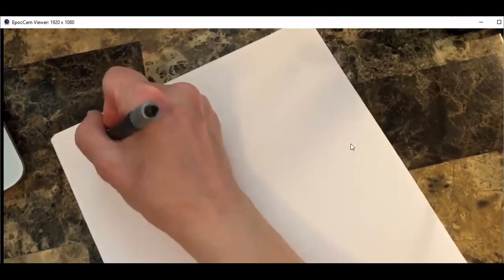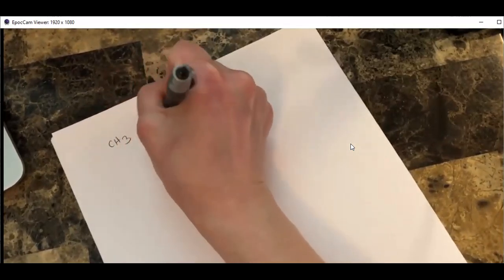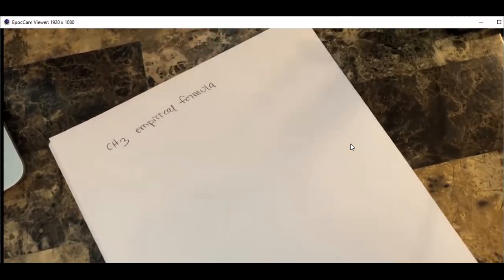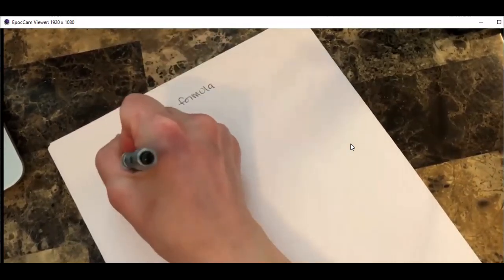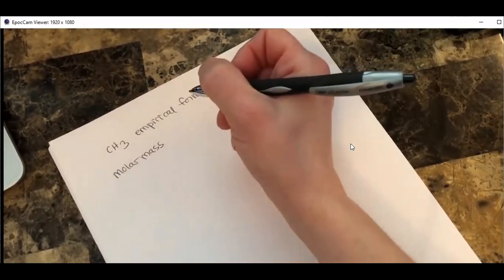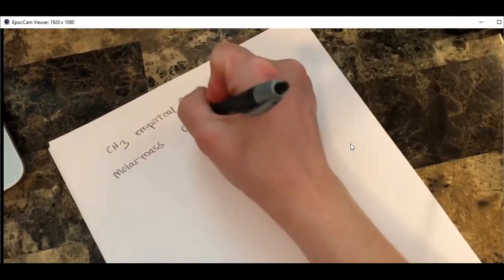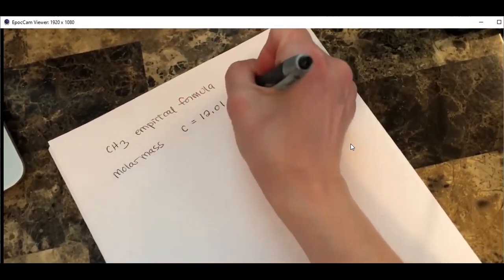So cross your fingers. We figured out the empirical formula is CH3, right? Okay, so let's find the molar mass of the empirical formula. The molar mass is 1 carbon, 12.01 grams per mole, right?